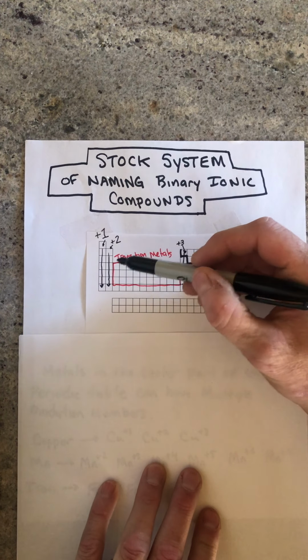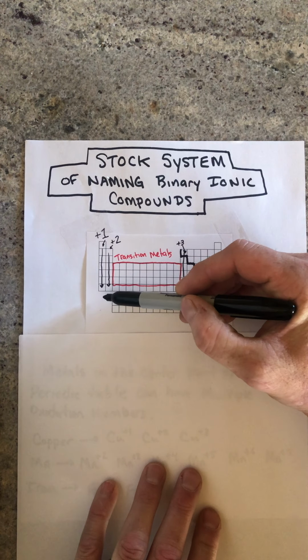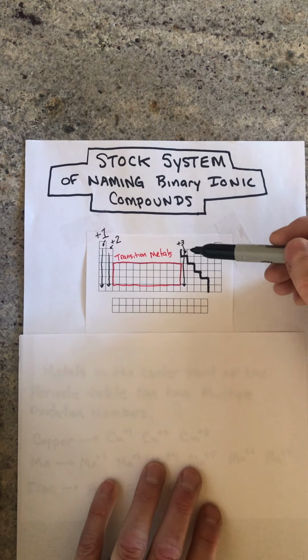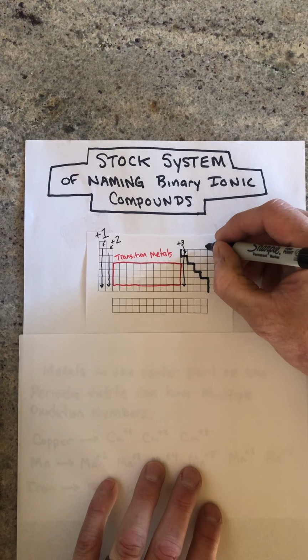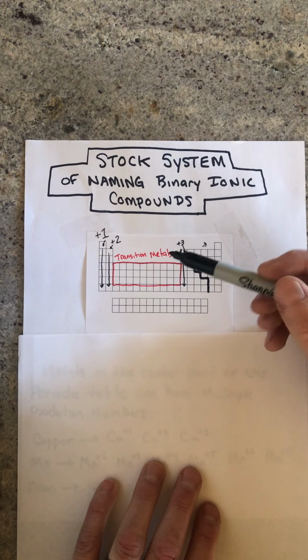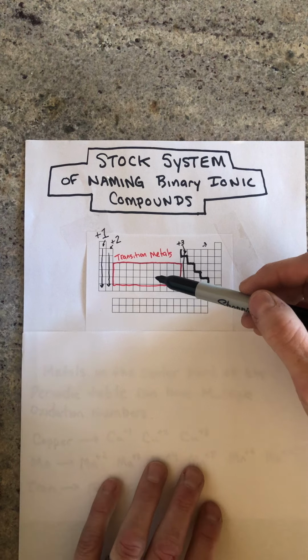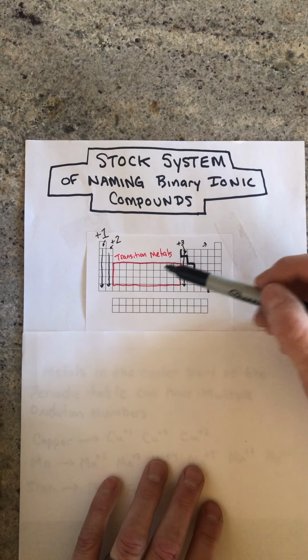You guys are pretty good at taking an ion with a +1 oxidation state and combining it over here with one of our negative oxidation states like -3, for example. But there's a whole bunch of metals in the middle of the periodic table that also ionize by losing electrons.